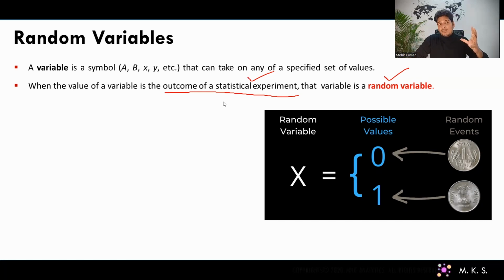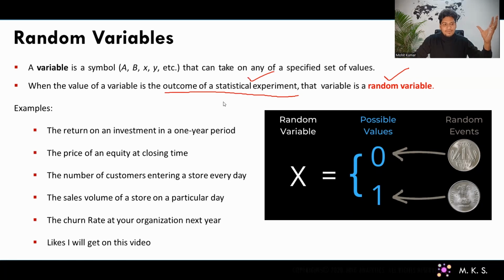Now, if we talk from the real world perspective, there are a lot of variables we actually talk about on our day-to-day basis. So let's take a few examples. So first, return on an investment in a 1-year period. That number can be any number, guys, right? That's not fixed. So that's why it's a statistical experiment.